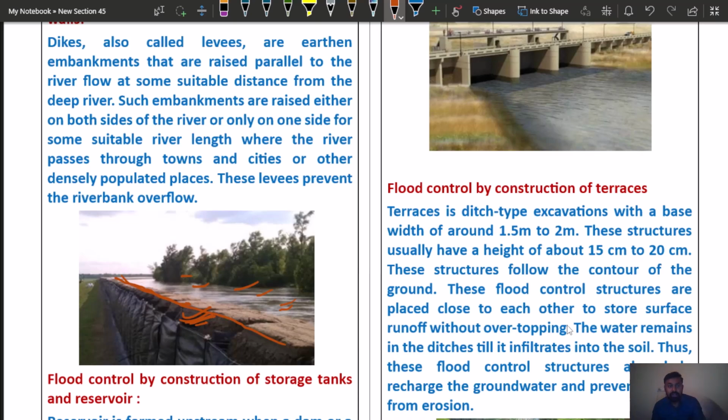These are embankments which will resist these flows, and are provided some distance from the river. It also prevents river bank overflow in the condition of heavy rainfall in the area. So this is a method.